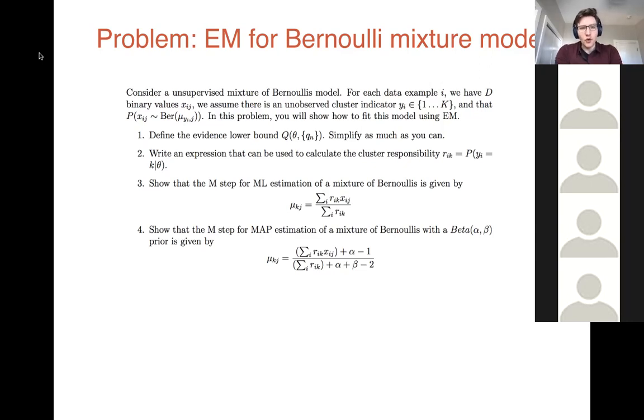So what I'm going to do is go over the solution here, and then we're going to have our normal group session. Just a reminder what this problem is. This is the mixture of Bernoullis model.